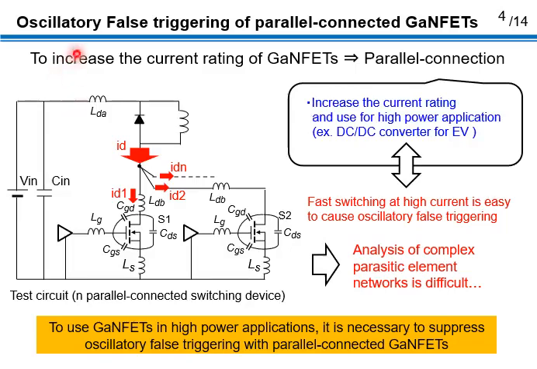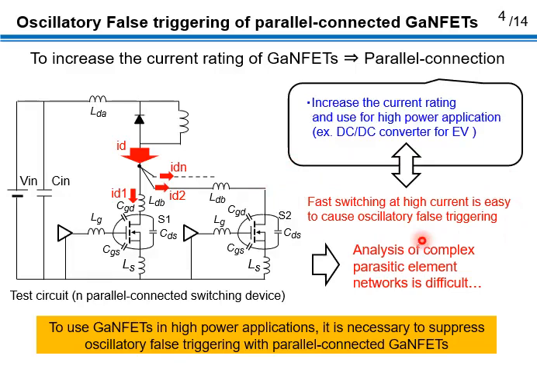Therefore, the parallel connected GaN-FET is attracting attention to use GaN-FETs under high current conditions. By increasing the current rating, GaN-FETs are expected to be used in high power applications, such as power converters for electric vehicles. The concern is oscillatory false triggering with parallel connected GaN-FETs.